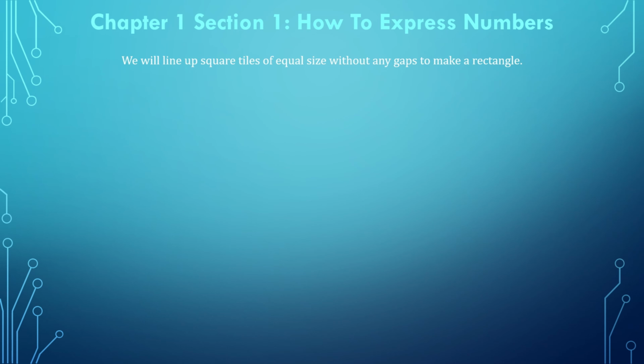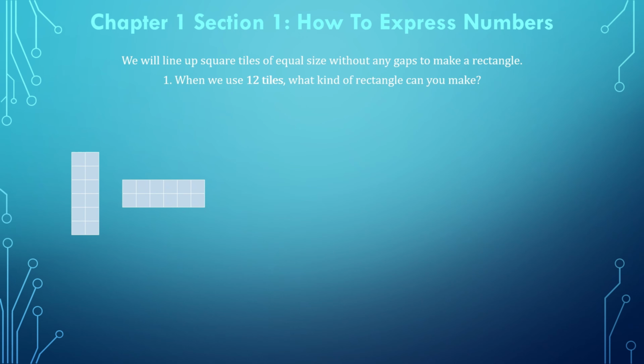First, let's think about this. We will line up square tiles of equal size, without any gaps, to make a rectangle. 1. When we use 12 tiles, what kind of rectangle can you make? Then, you may come up with a rectangle like this, or the same one, just rotated sideways.